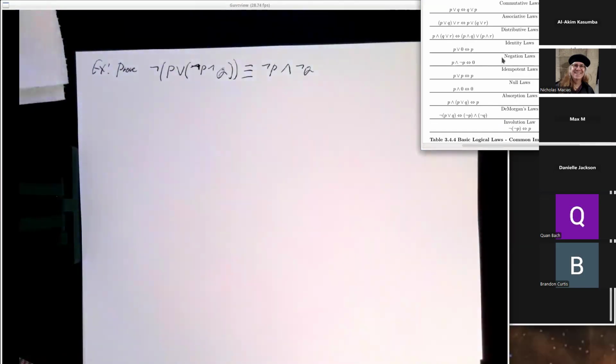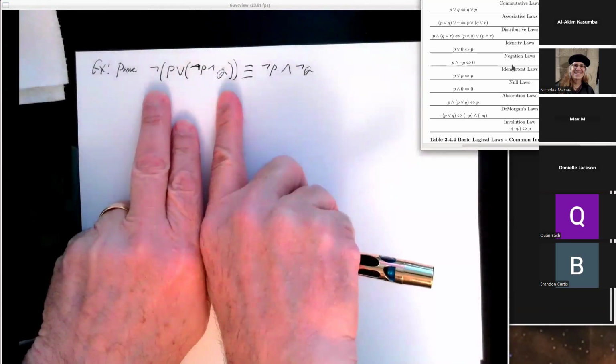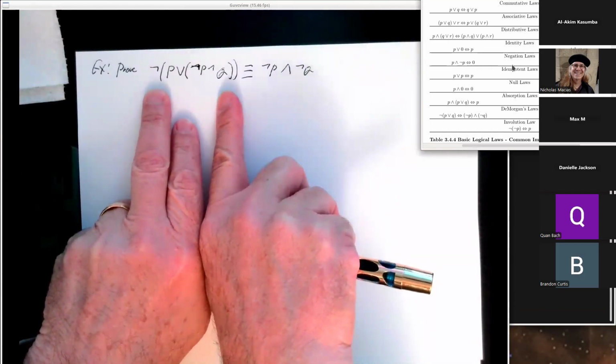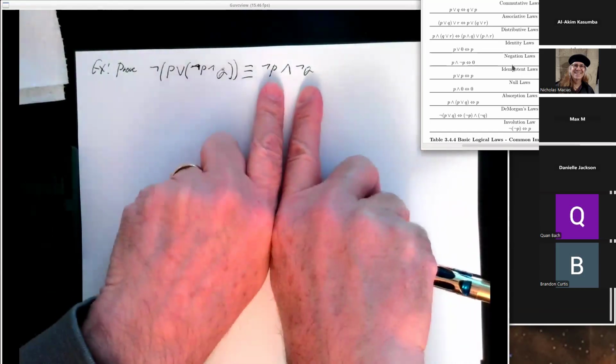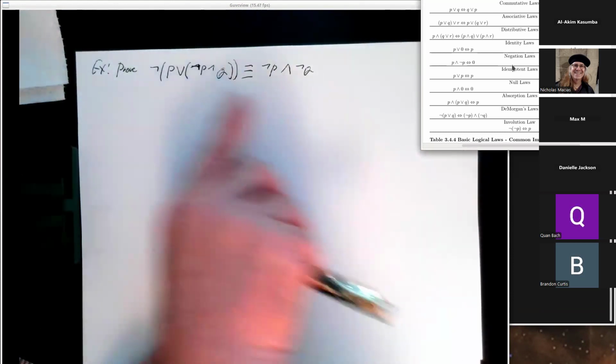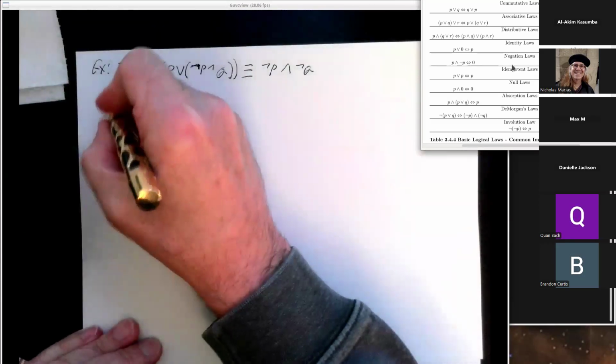And we'd like to do it using some set of laws that we know. So if we can start with this expression and show that it's equivalent to something else, and that's equivalent to something else, and eventually show that it's equivalent to this, that will convince us that this is equivalent to that. So here's a first version of a proof.